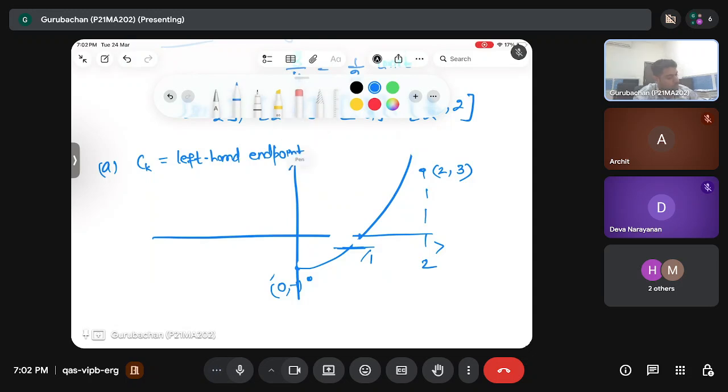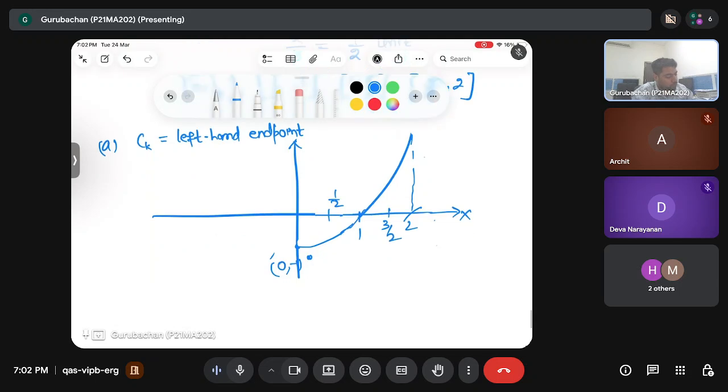So here, this is your 1, this is your 2, this is half, and this is 3 by 2. So ck is the left endpoint of each subinterval.